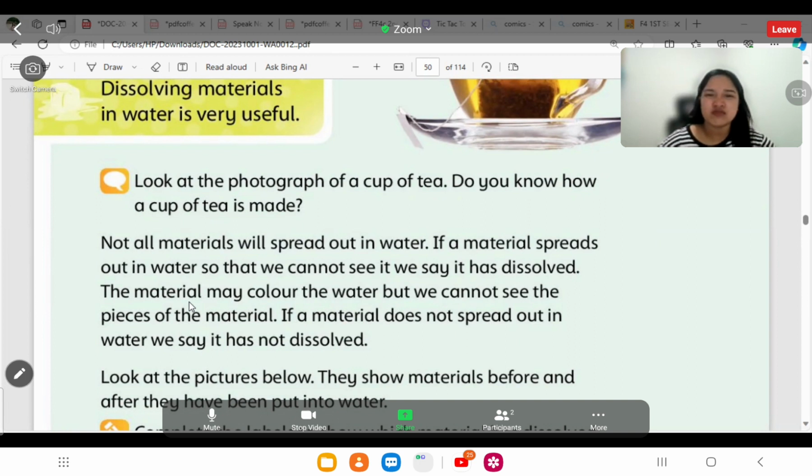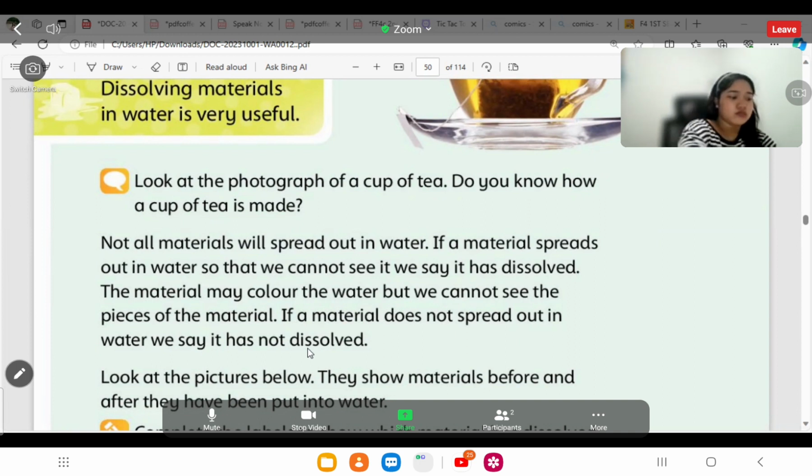We cannot see the pieces of the material. If a material does not dissolve in water, we say it has not dissolved.